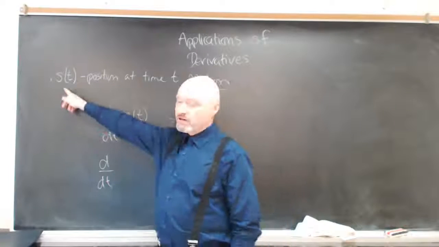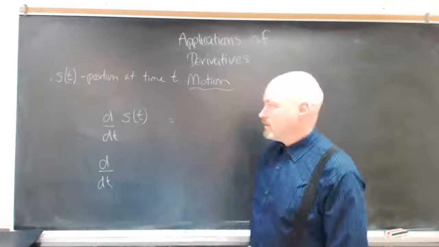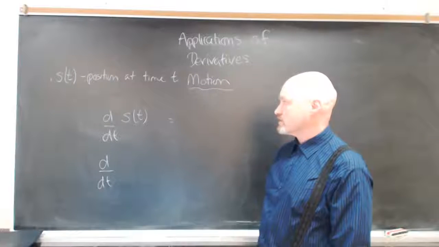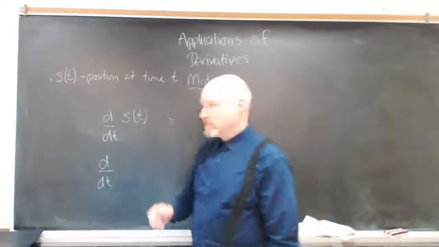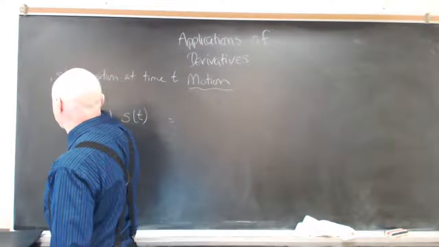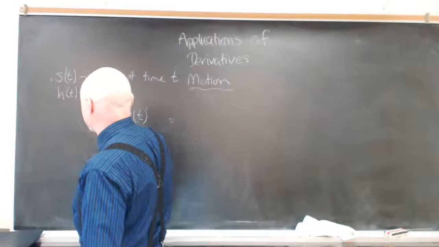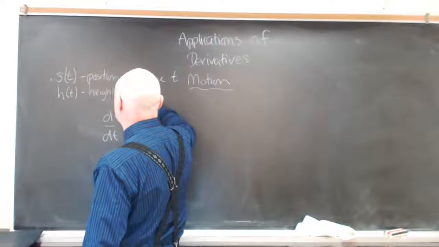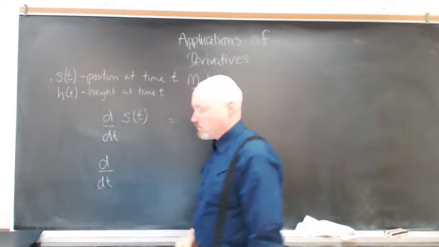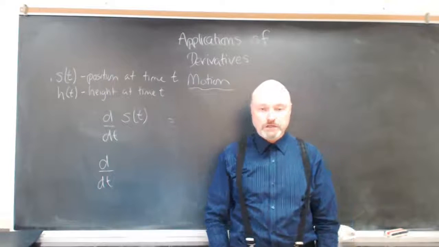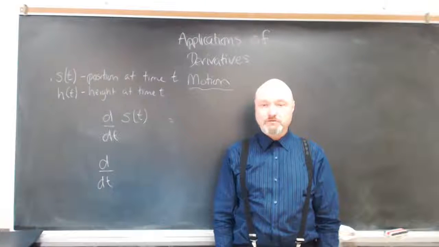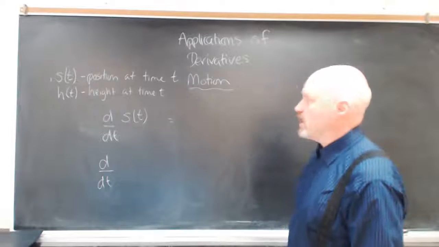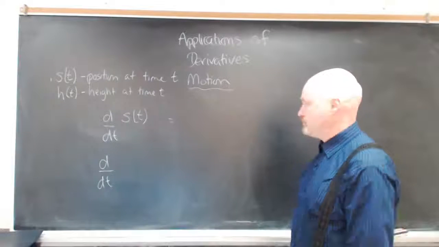We always call the function s, and s at time t is the position at time t. You'll also sometimes see h at t, which is the height at time t. We've used those when doing range style equations like projectile motion, where we're just interested in how high the object is at time t.